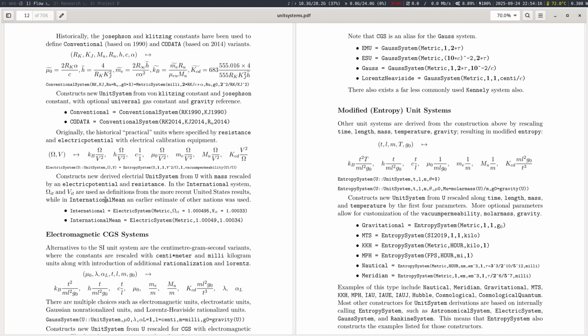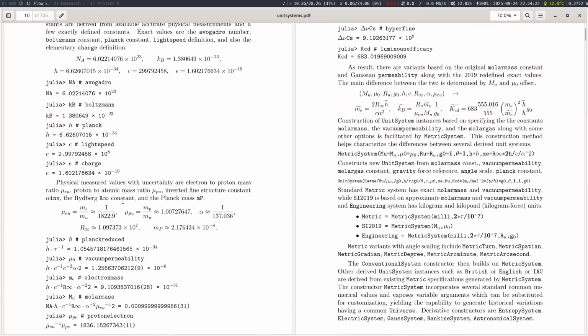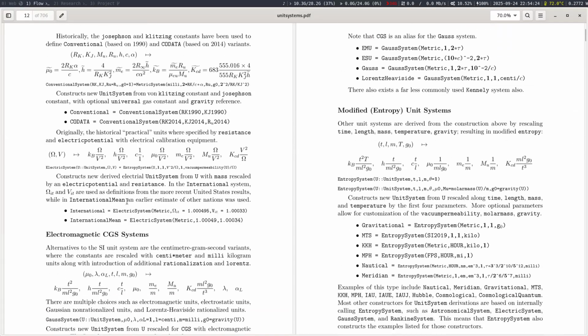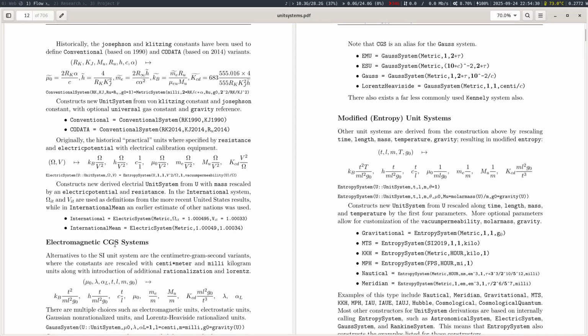revive this. Many of these things, like the SI 2019, abandoned everything that came before it, right? Anytime they made a new one of these unit systems, they kind of abandoned everything else. Because they said, it's now 1990, we're going to define things like this now.